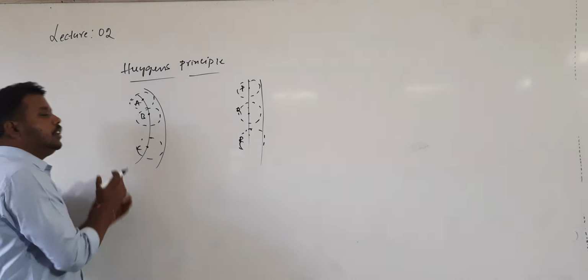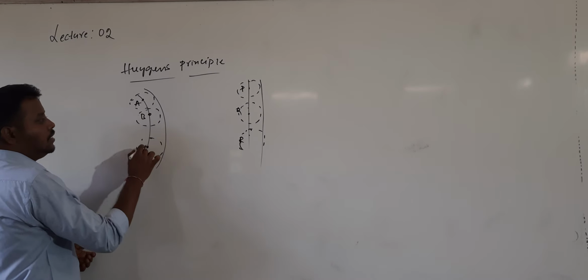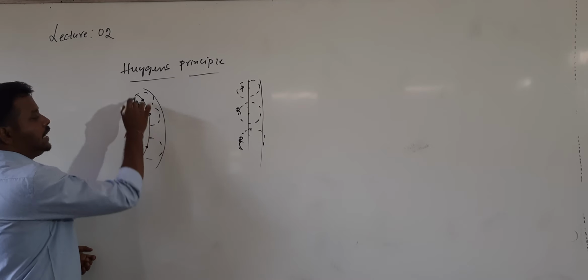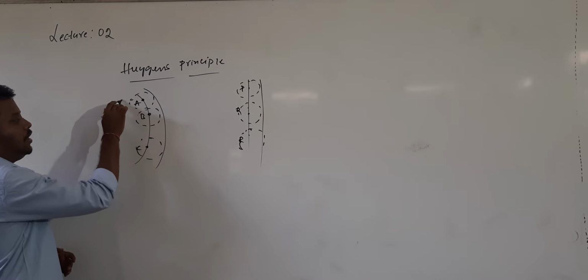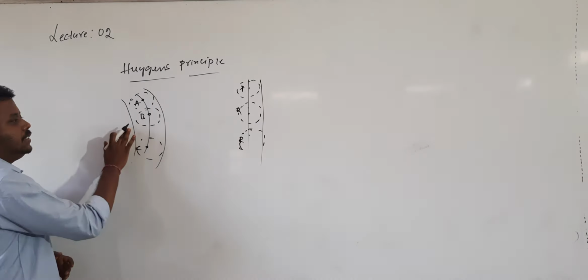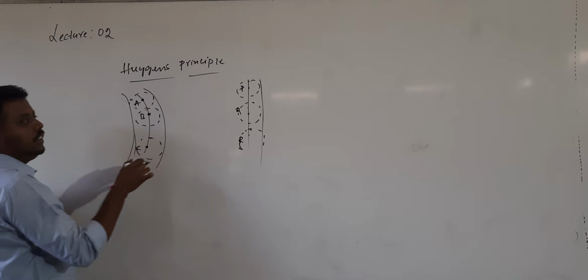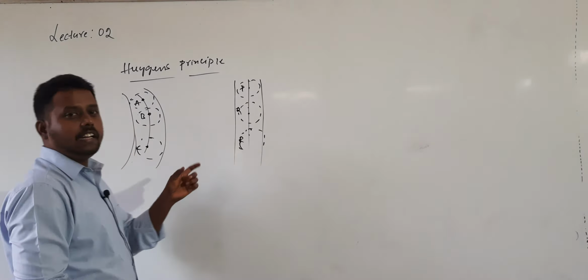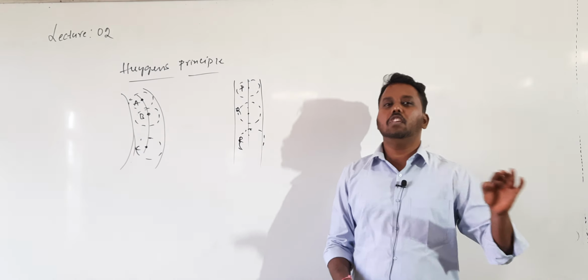The tangent to the spheres will give you the present position of the wavefront. One more doubt you may get: the secondary wavelets are emitted in all directions, so I can also construct the wavefront in the backward direction. Why are we not considering this backward wavefront? The only reason given is that backward energy flow will not be there.